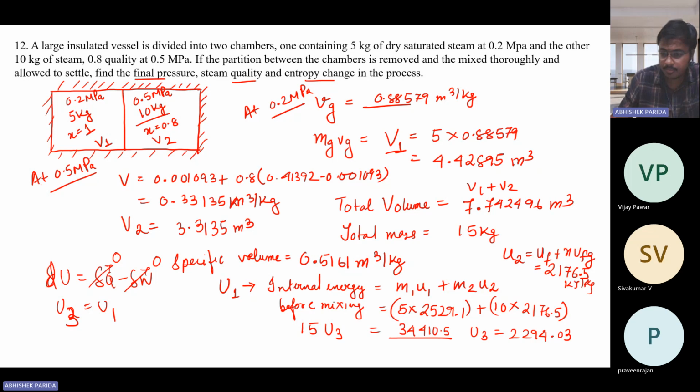Are you getting the same? Yes, sir. The unit is kilojoule per kilogram, no? Yes, sir.